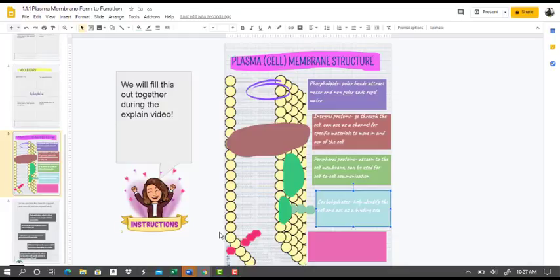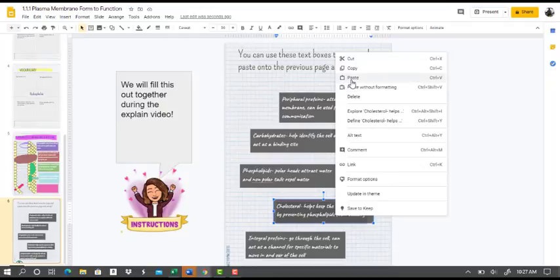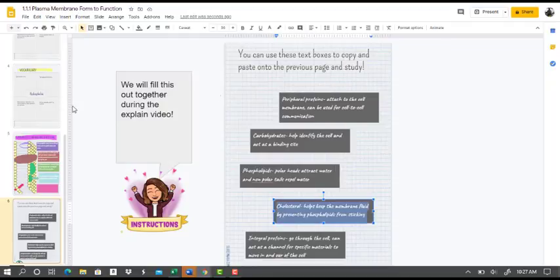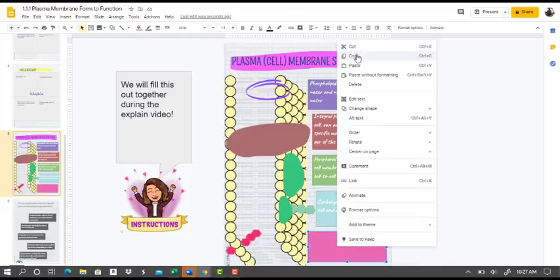They put cracks inside of that concrete to help with the fluidity of the concrete. So those cholesterol do the same thing. They prevent those phospholipids from sticking and keep it fluid.